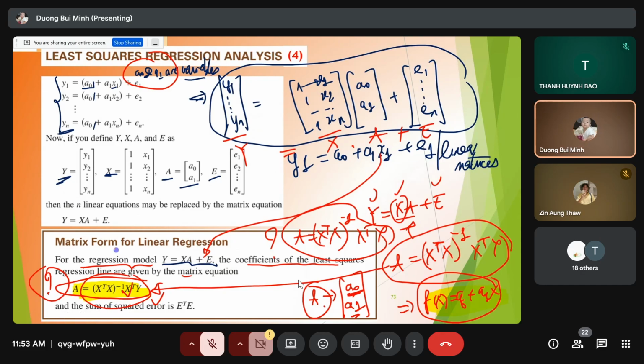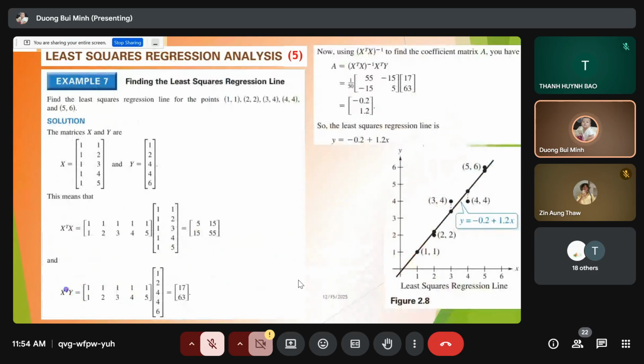For the matrix form of linear regression, a will be calculated by this. You can understand it first, and in the next lectures I will explain why we get a here. It's very easy, but we don't have more time now, so of course we will stop.